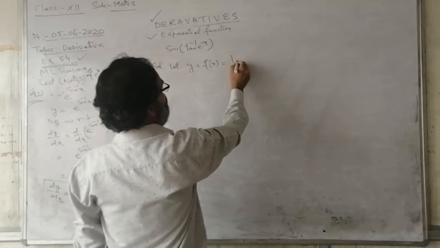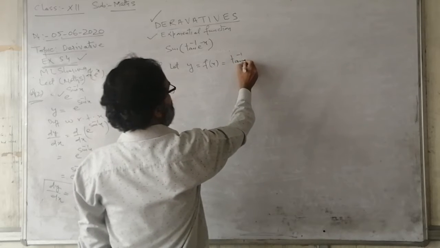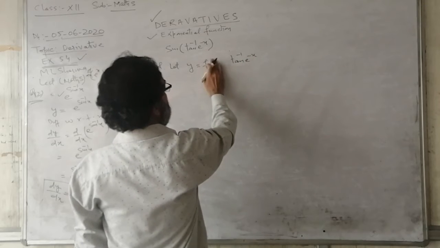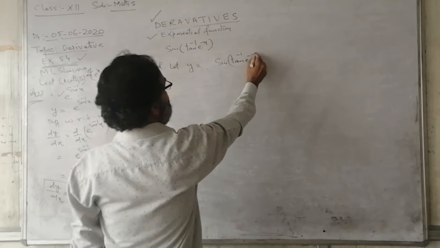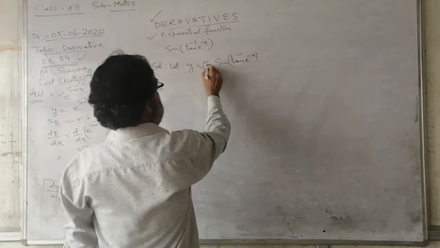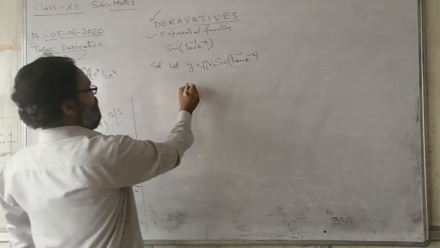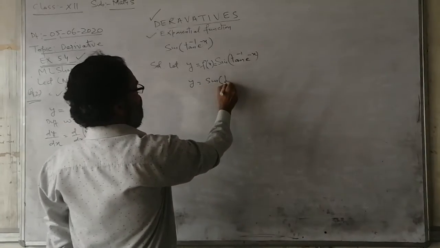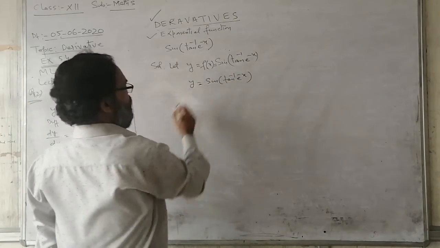This will equal to sine of tangent inverse e raised to power minus x, and this can be written as f of x, one and the same thing. So y equal to sine of tangent inverse e raised to minus x.